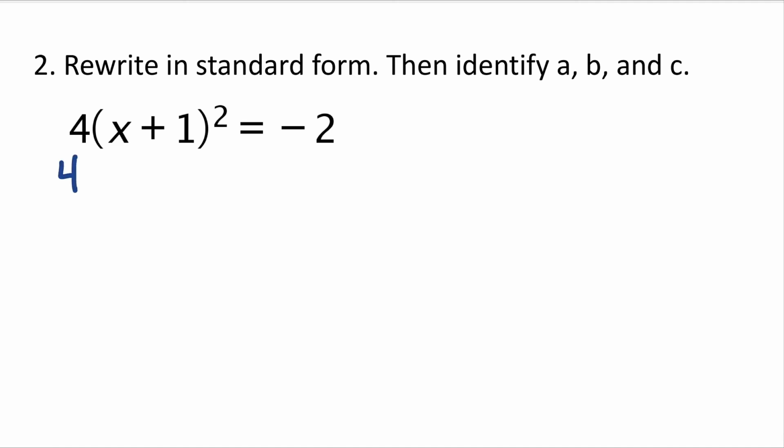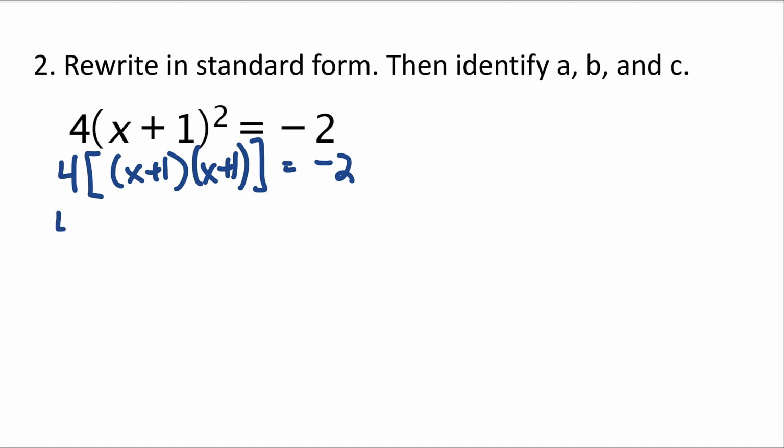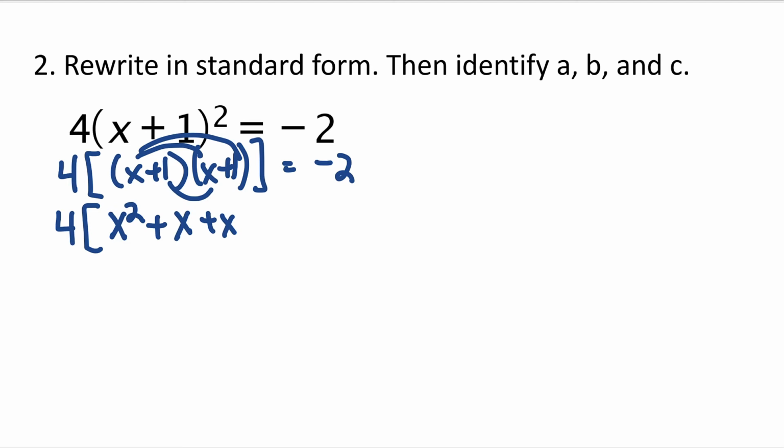So on the left, we'll have 4 times the quantity x plus 1 times x plus 1 equals to negative 2, which will be 4 times x squared plus x plus 1 equals to negative 2.